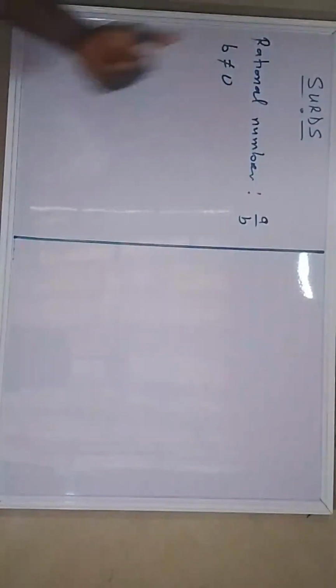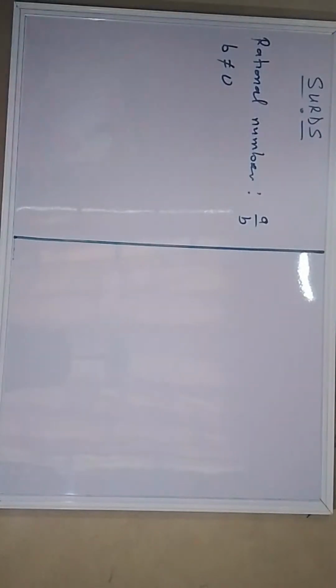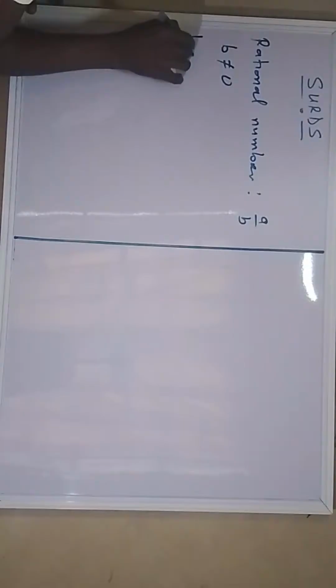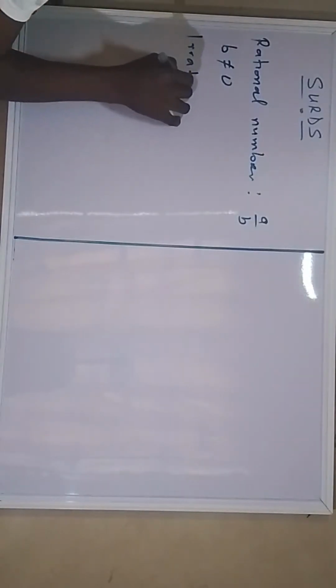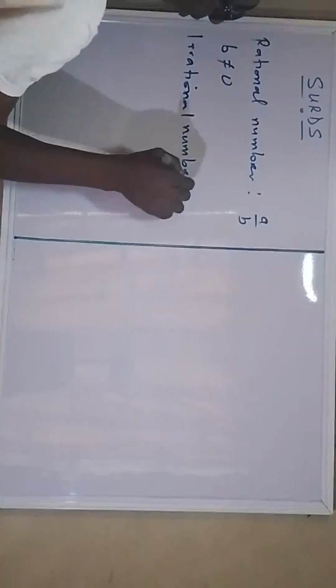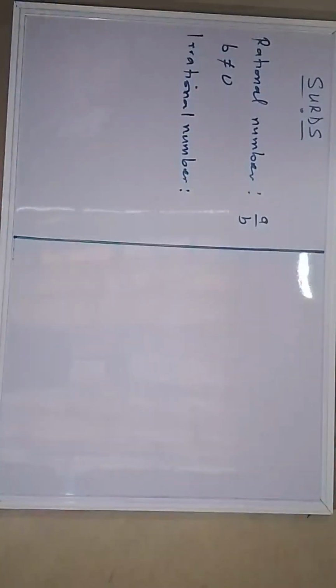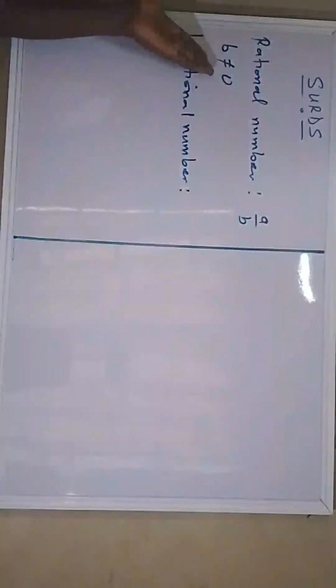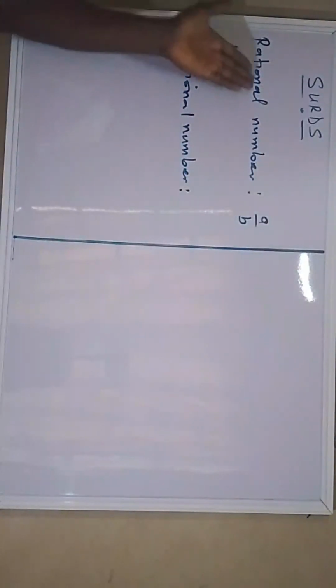Any number that can be expressed in this form, we call a rational number. But irrational numbers are numbers that cannot be expressed as fractions. So it's just the opposite of a rational number.